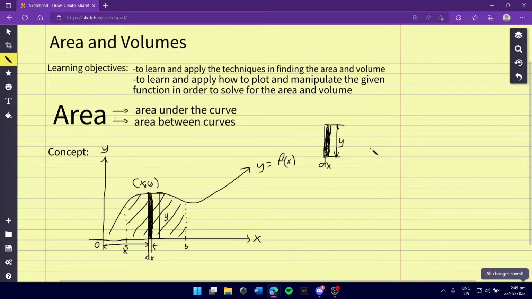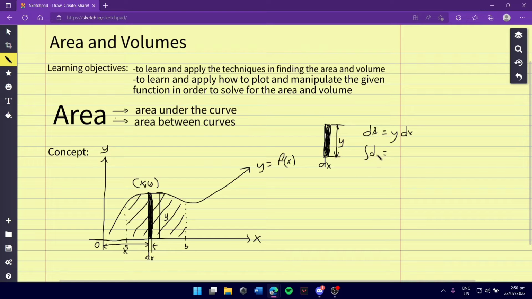Next, we will solve for our differential area. This is our differential area inside the vertical strip. This is your dA. So here, dA is equal to your y, which is your height, times the thickness, which is your dx.